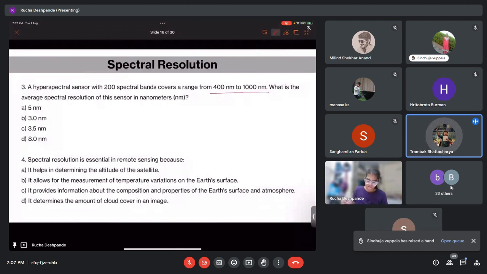Ma'am, can you show us the calculation for this question? Yeah. So this is the range, 400 to 1000 nanometers, and there are 200 spectral bands. So there are bands with very small spectral range, and there will be 200 such bands.